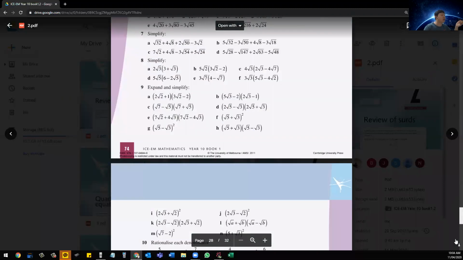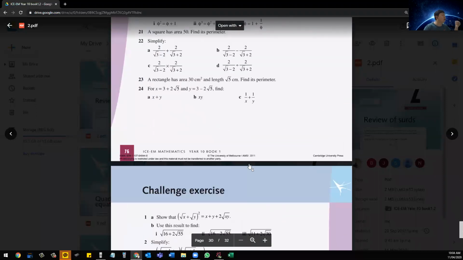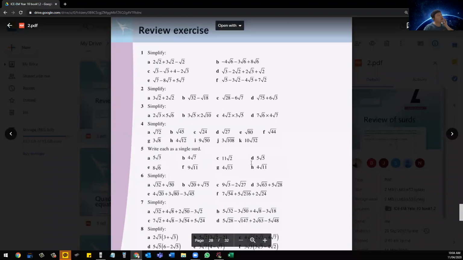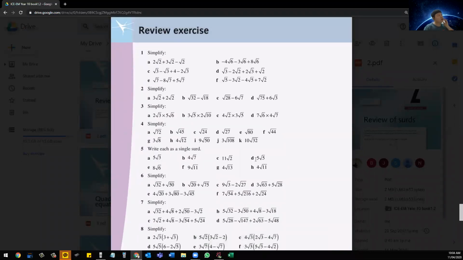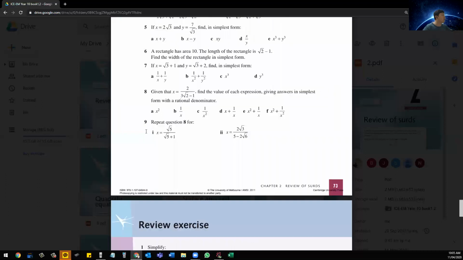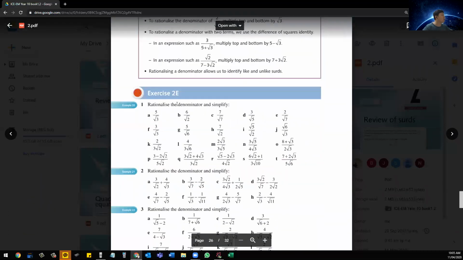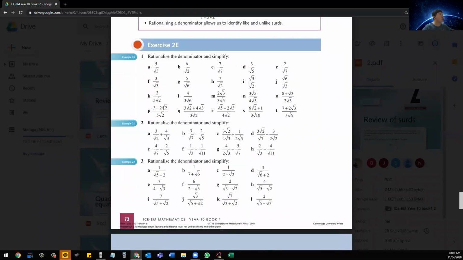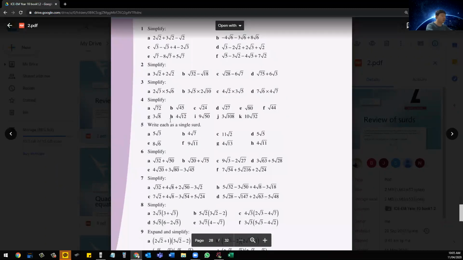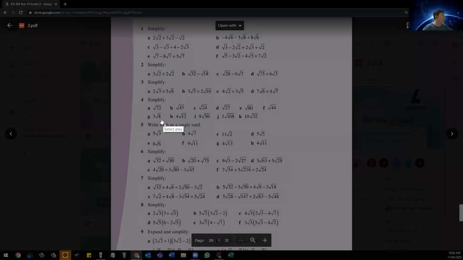We're just jumping straight onto the review section and doing all different types of questions, because I have to cover a lot of topics in such a short period of time. I can send you this file. If you're interested, you can go to 2A, 2B, 2C and get more work done. For each section, you can see here, this is section 2E, and these are just questions based on section 2E only. But in review, you get to taste everything in just 1 hour.